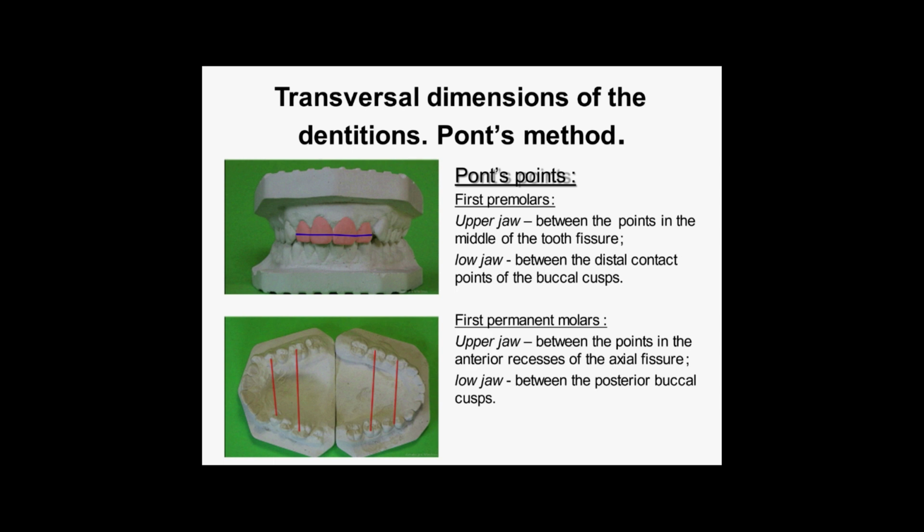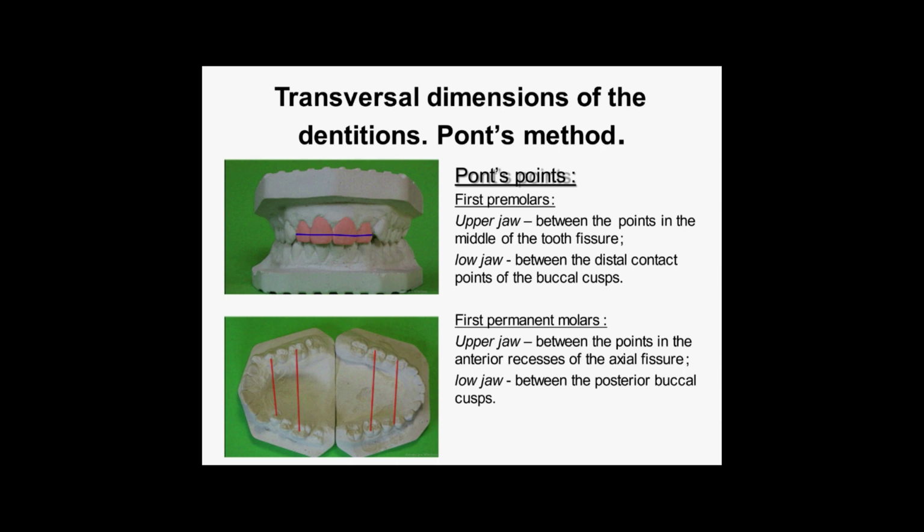In the period of occlusion of permanent teeth, to determine the transversal dimensions of the dentitions, Pond's method is used, which is based on the relationship between the sum of the mesodistal dimensions of the four upper incisors and the distance between the first premolars and first molars on the upper and lower jaws.